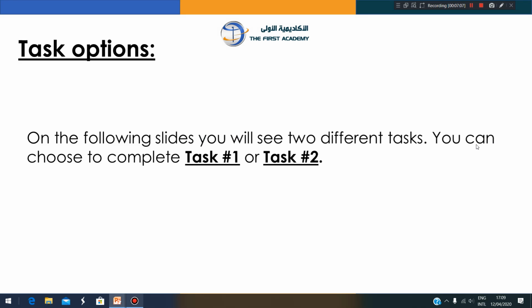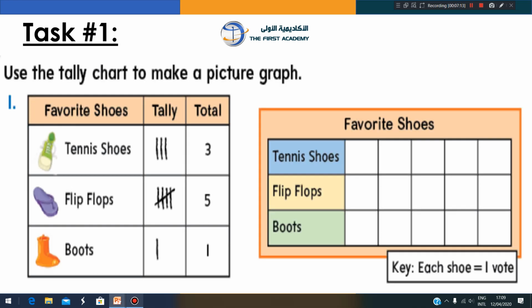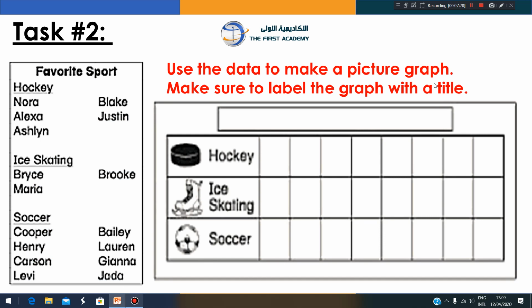So let's do the task. Choose one out of task number one and task number two. Task number one, use the tally chart to make a picture graph. So you have all this data right here, all this information, you have to pass it into this picture graph. And task number two, use the data to make a picture graph. Make sure you label the graph with the title.